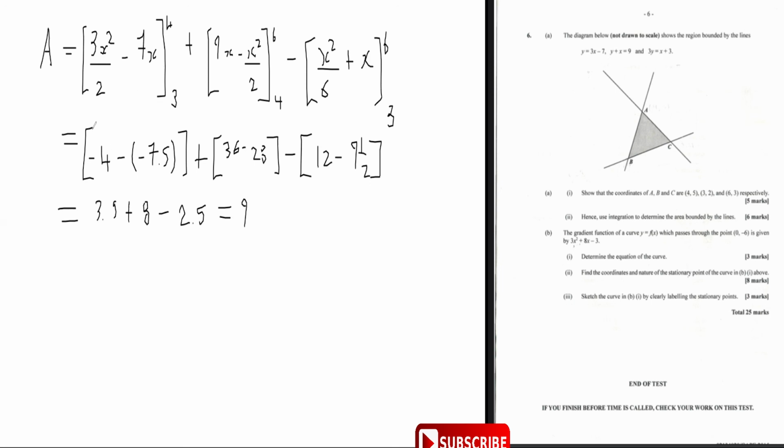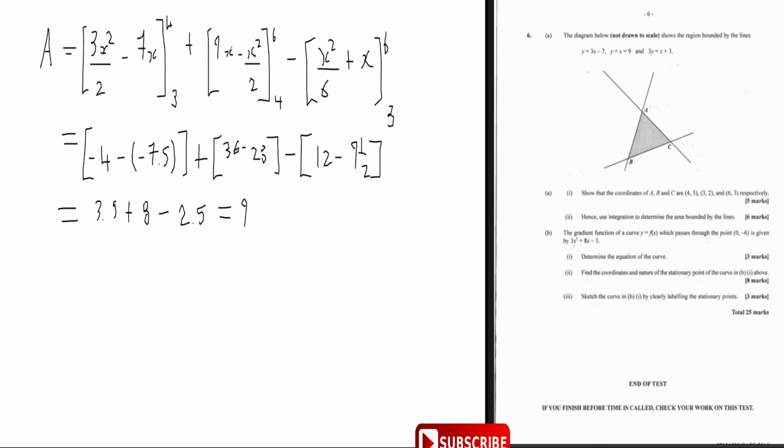Just checking back over one final check, because sometimes we make calculation errors. 3 times 3 squared divided by 2 minus 7 times 3, minus 7.5. So this is good. Over here now, 9 times 6. 54 minus 6 squared. 6 squared is 36. 36 over 2.